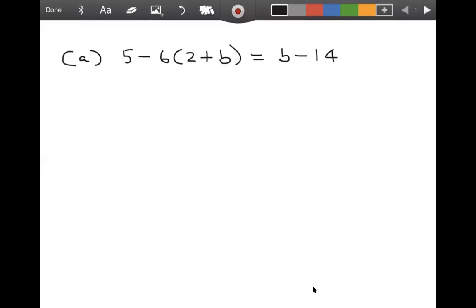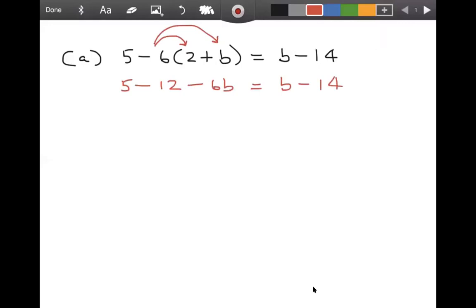Step 2 is to use the distributive property to get rid of parentheses if there are any parentheses, and in this case there are. So let's distribute a -6 there, and that's going to give me 5 minus 12 minus 6b equals b minus 14. Okay, so we've gotten rid of all the parentheses.